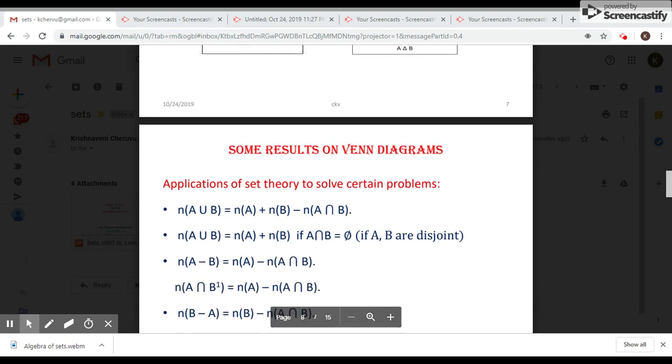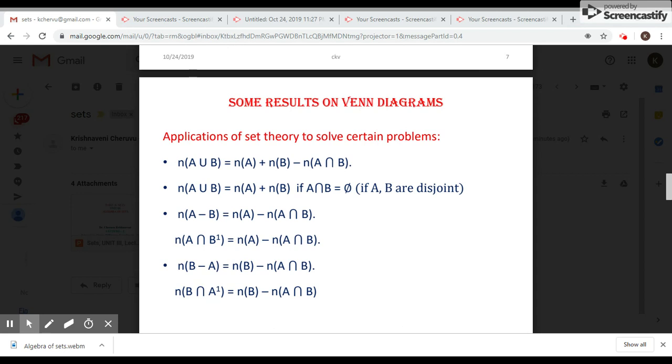These are certain applications of set theory in solving certain problems. The number of elements in A union B is exactly equal to the number of elements in A plus the number of elements in B minus the number of elements in A intersection B. The number of elements in A union B is exactly equal to the number of elements in A plus the number of elements in B if the sets are disjoint.